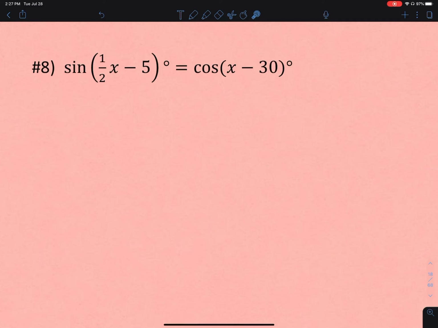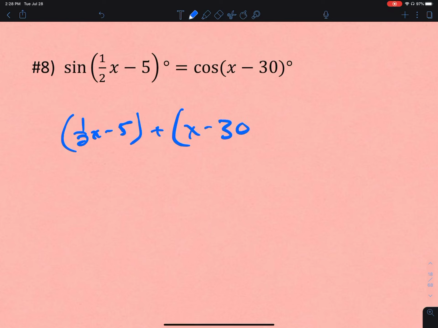Number 8, guess what? Sine and cosine are equal. Therefore, these angles, when you add them, you should get 90. Half x minus 5 plus the difference of x and 30 equals 90. As you've probably heard me mention before, not a big fan of fractions.